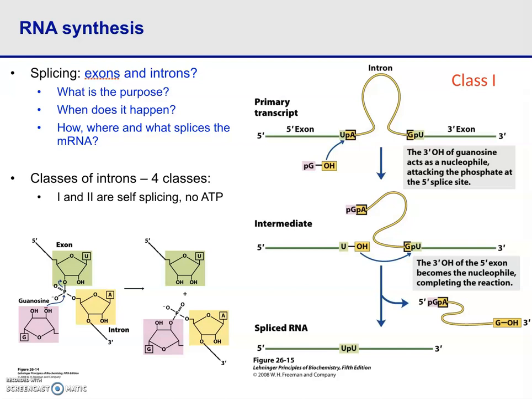The introns are often believed to be useless DNA, especially in the past, because they're cut out and thrown away. But recently, we have found that introns are often sites for the expression of regulatory RNAs, which are critical for gene expression.